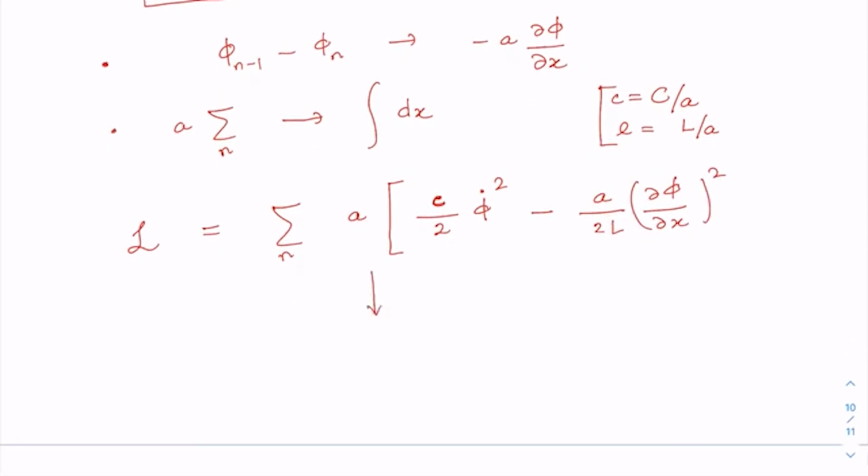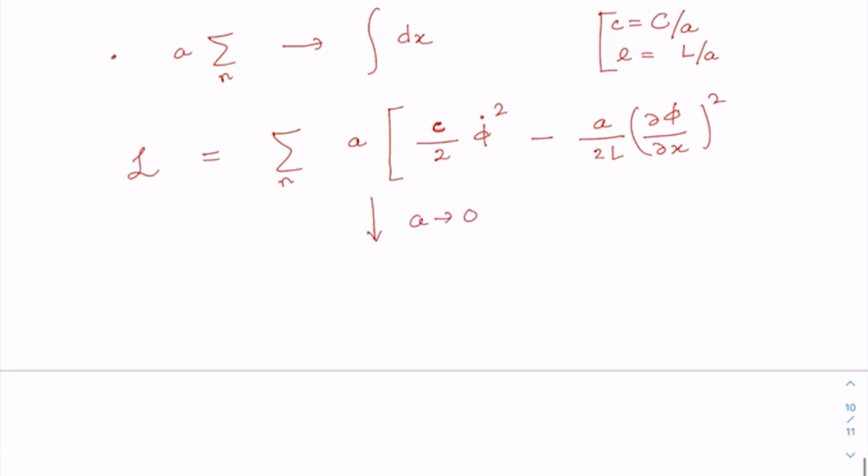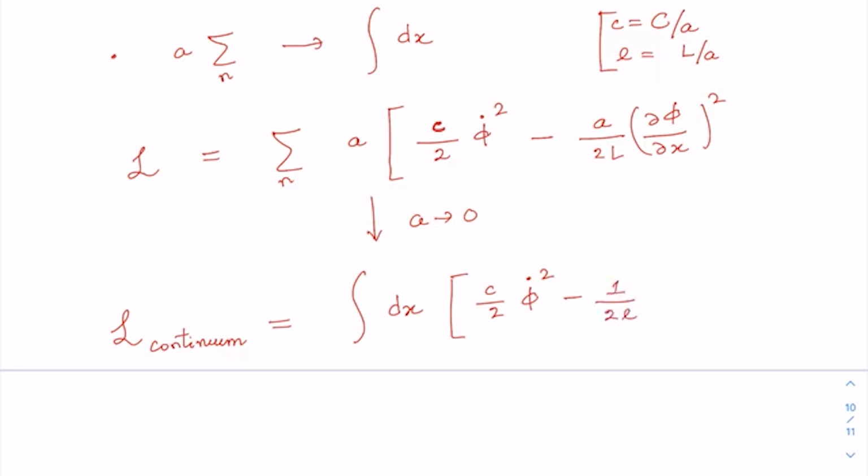In the limit when a tends to 0, for the continuum version of the transmission line, I can replace this sum by an integral, and write dx, and the bracketed term would be c/2 φ̇² minus 1/(2l) (∂φ/∂x)², where l is the inductance per unit length.